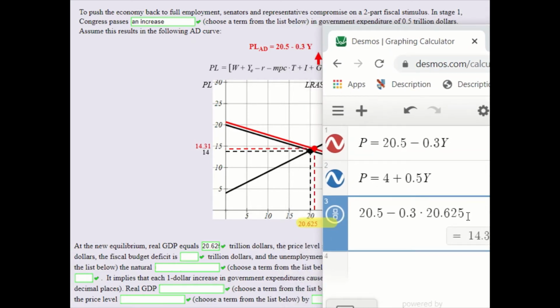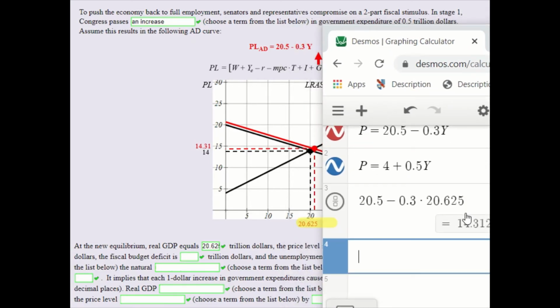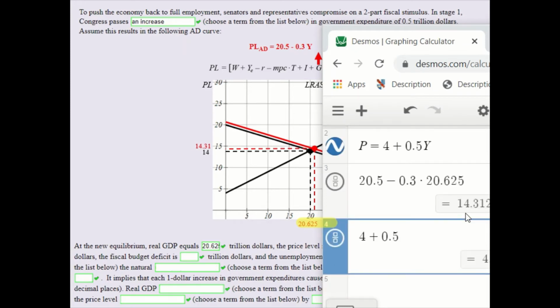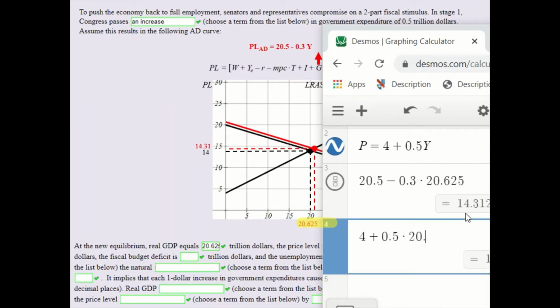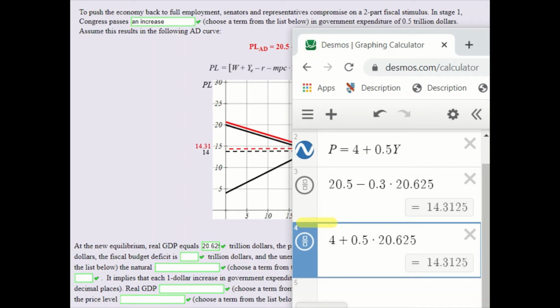I could have also plugged it into the supply curve. The supply curve is 4 plus 0.5, and then we multiply that by 20.5 times the 20.625. That's what real GDP is. In either case, you get the same number. See that? 14.31.